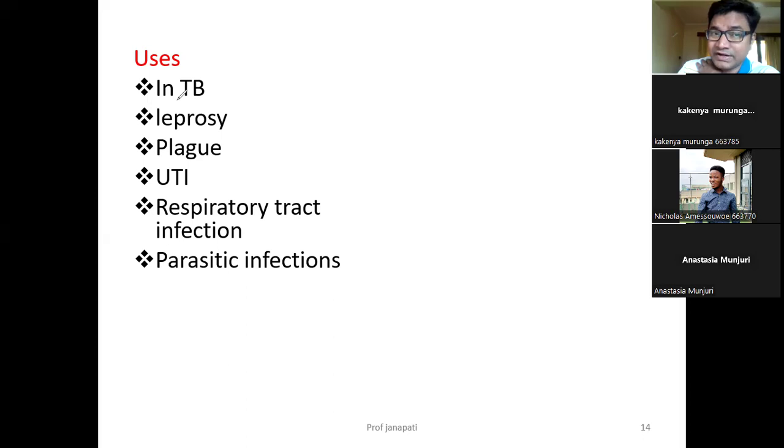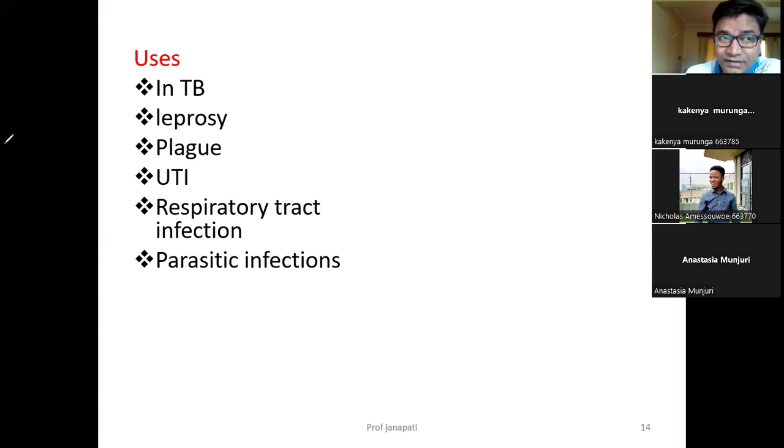Once it was called the deadliest disease. Now we are calling AIDS the deadliest disease. In those days, TB was the deadliest. It's also used in leprosy, plague, urinary tract infections, respiratory infections, and parasitic infections.